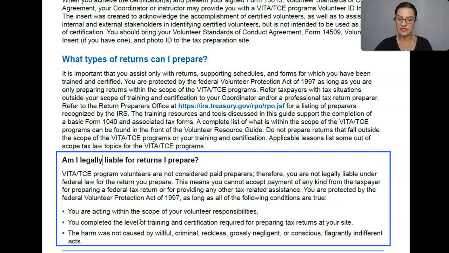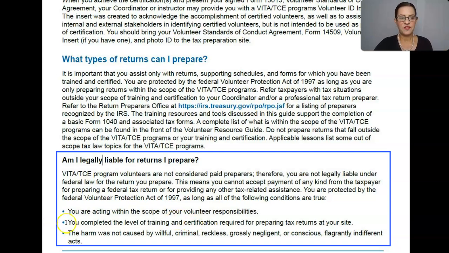This means that you cannot accept payment of any kind from the taxpayer for preparing a federal return or for providing any other tax-related assistance. This would apply to any kind of tax preparation that was not for compensation. Okay, if you do not accept any type of compensation for preparing tax returns, that would be a volunteer preparation, or you would not be considered a paid preparer.